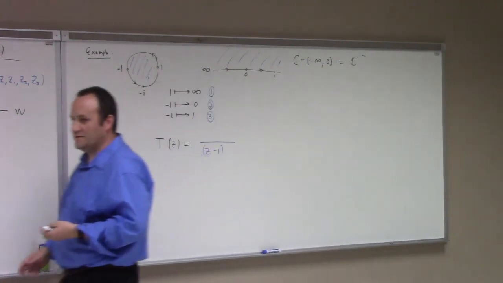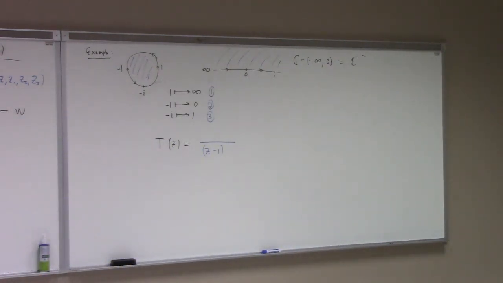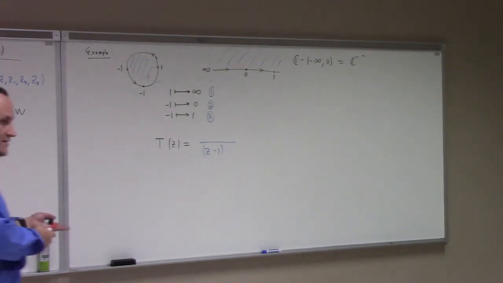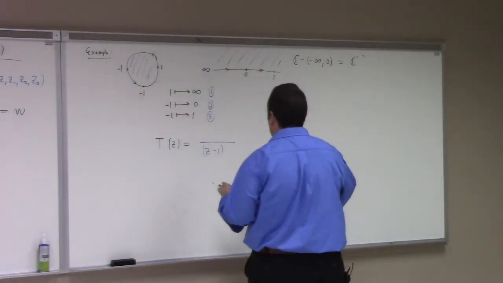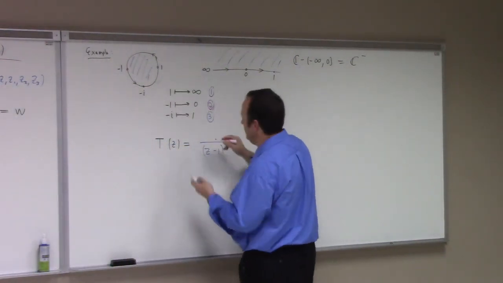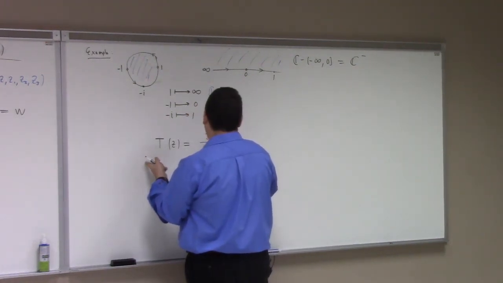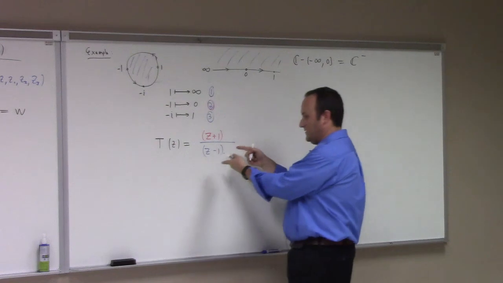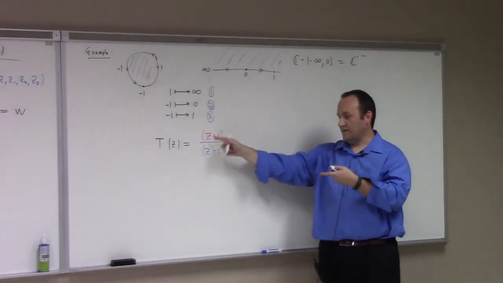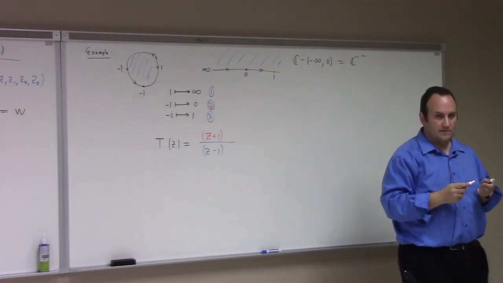From 2, I want to map to 0. That's why I chose infinity and 0. If you can put infinity and 0 on the boundary of the curve you're interested in mapping to, that makes life much easier, because 2 says I've got a z plus 1 upstairs, right? Because if I put that there, it maps to 0 when I plug in -1.